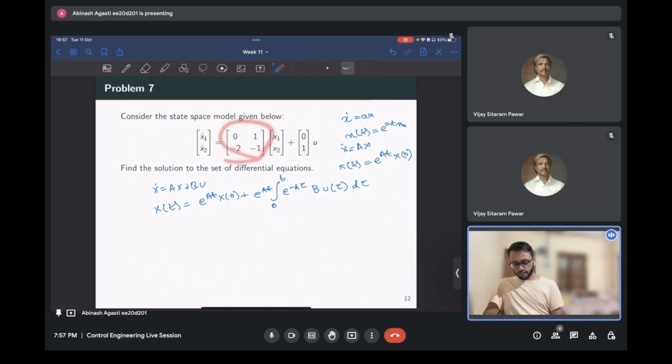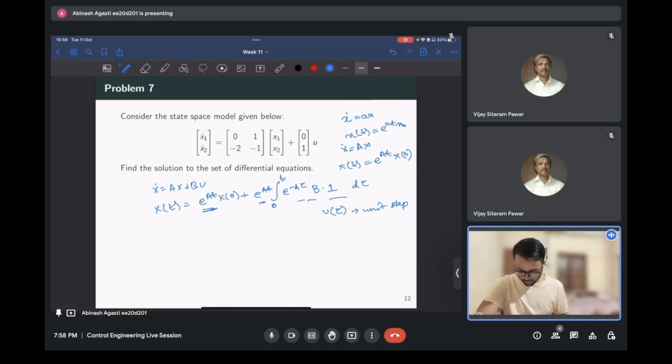If you are given an A and a B matrix, then all you need to do is find the matrix exponential corresponding to A and plug in these values. U will be given. Let's say u of tau is the standard unit step. Then this is just 1, right? And then we just compute the thing. We find out e to the power At. Let's see if it will be simple, or if it is complicated, we'll leave it.